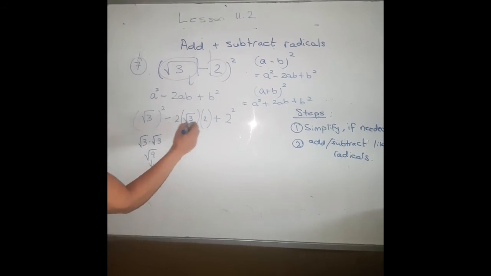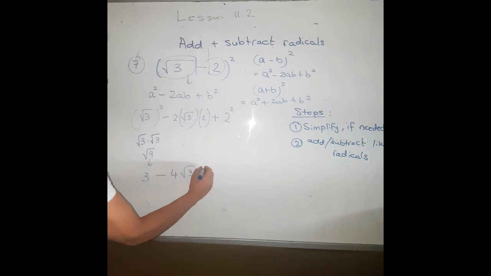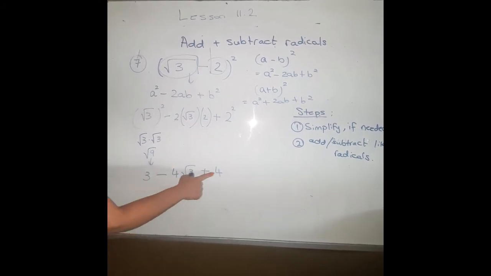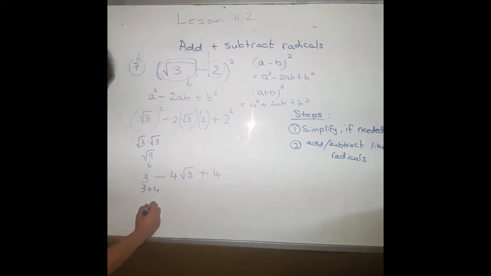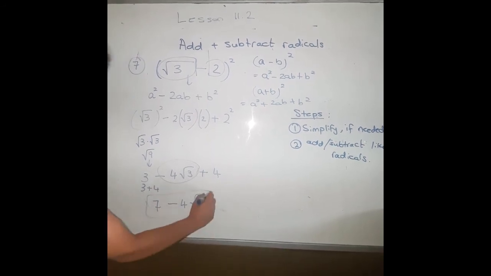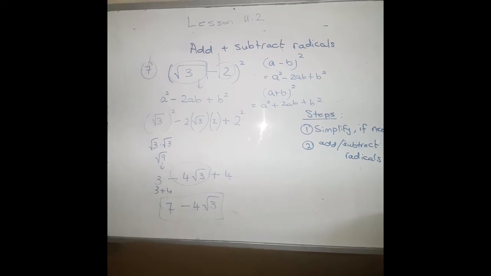Minus 2 times 2 is 4 radical 3. 2 to the second power is 4. And now I group my like terms. 3 plus 4 is 7. And I have this that doesn't have a like term, minus 4 radical 3. This is my final answer for the special case.